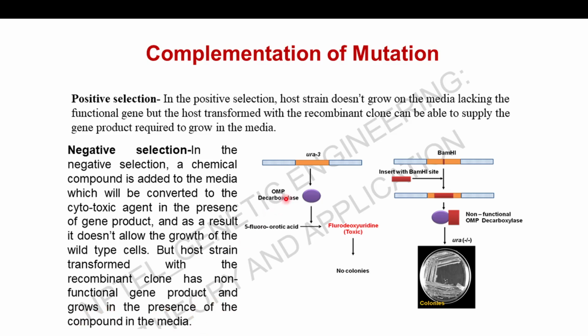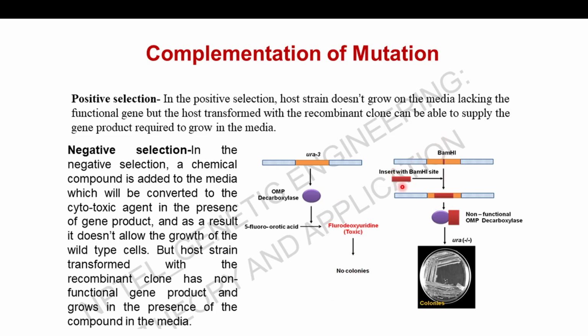Suppose this is a particular gene, URA3, and it encodes a decarboxylase enzyme, which converts fluoroorotic acid to a toxic fluorodeoxyuridine. If this toxic product is formed, then there are no cells growing, no colonies.